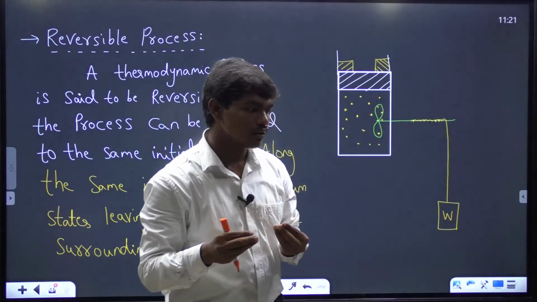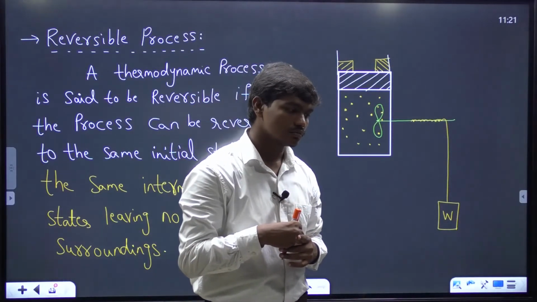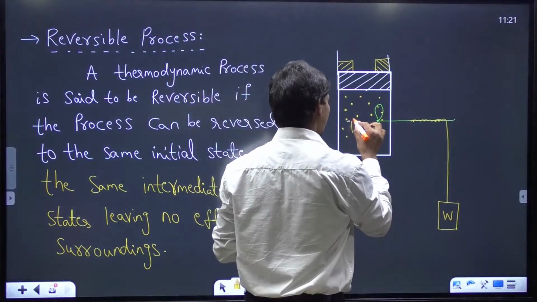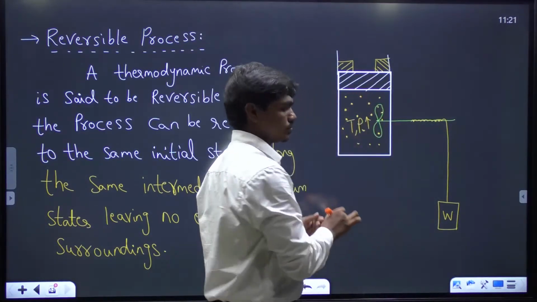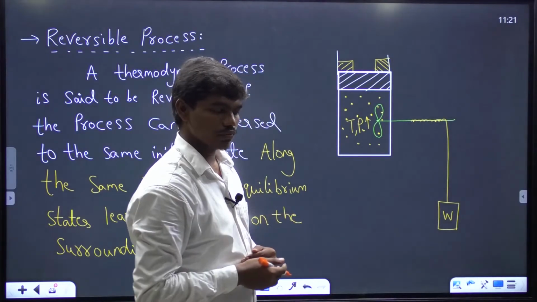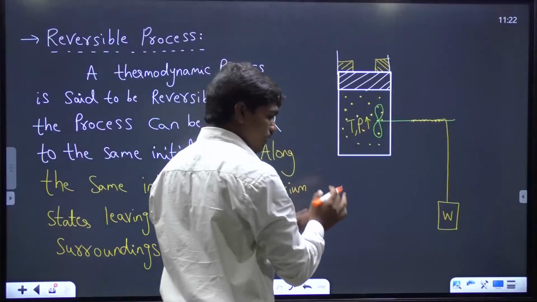Because of friction, some heat gets liberated. Yes or no? Clear? Yes. So which means temperature and pressure of this will get increased slightly. Correct? So if you understand all these points, now see clearly.